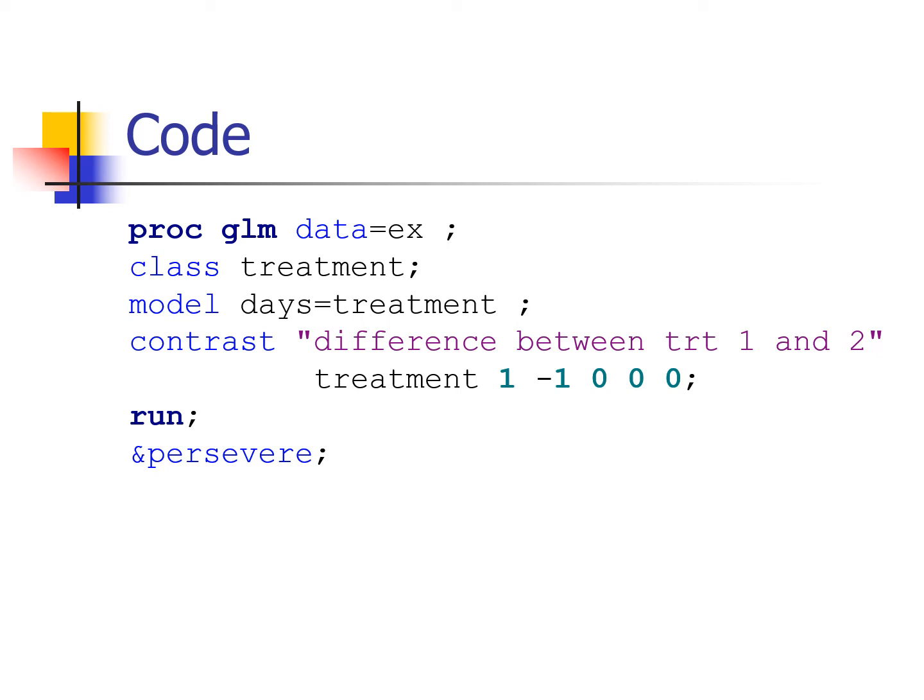Don't just stare at my PowerPoints. Get involved. The contrast statement to compare groups 2 and 4 would look like 0, 1, 0, -1, 0. Okay? So we can use the contrast to do any one of our 10 comparisons.